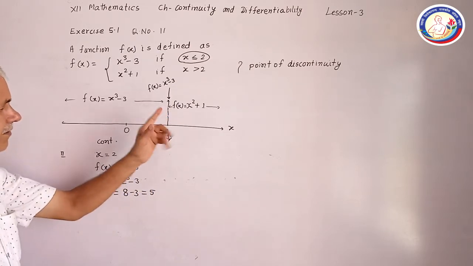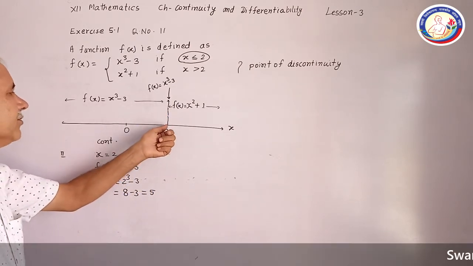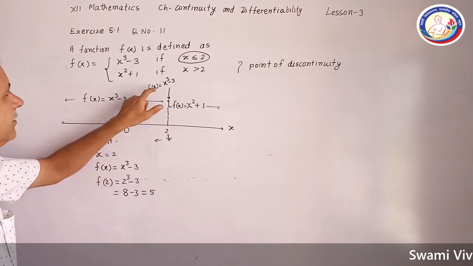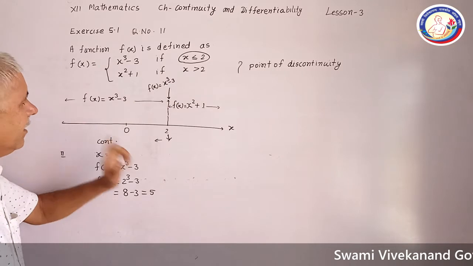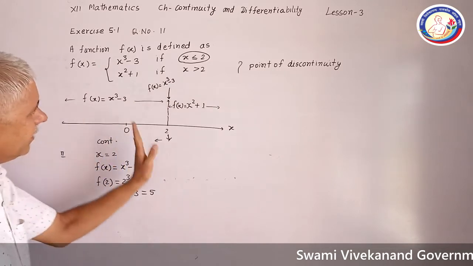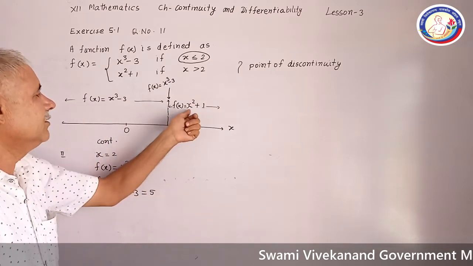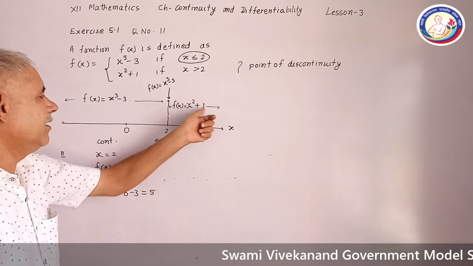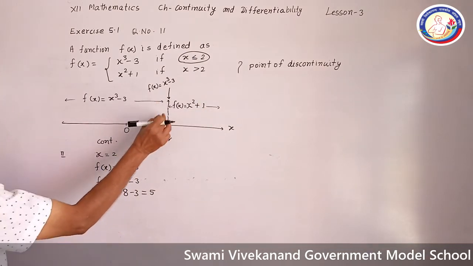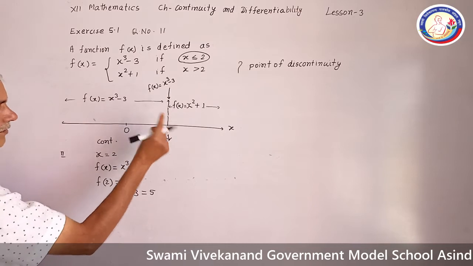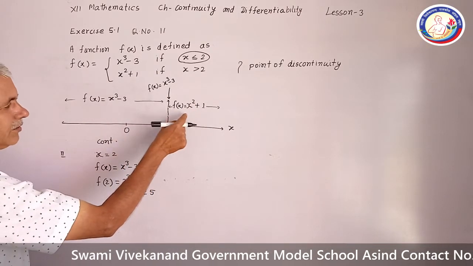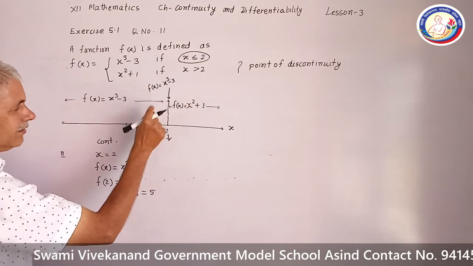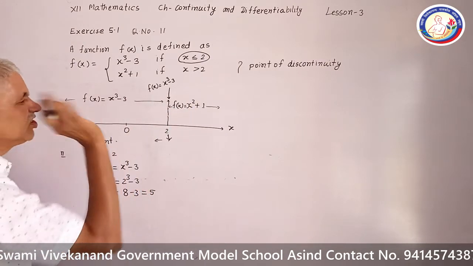Now, for values less than 2, the function is defined by x cube minus 3, and for values of x greater than 2, it is defined by x square plus 1. So we will find the left hand limit and right hand limit, and if both are equal, then we can say the limit exists here.